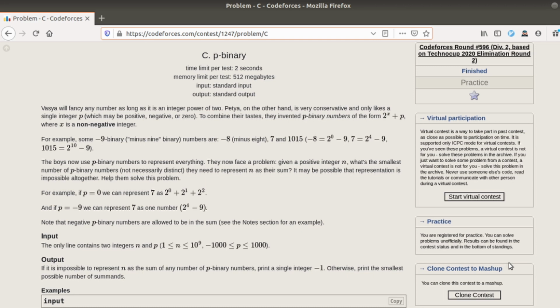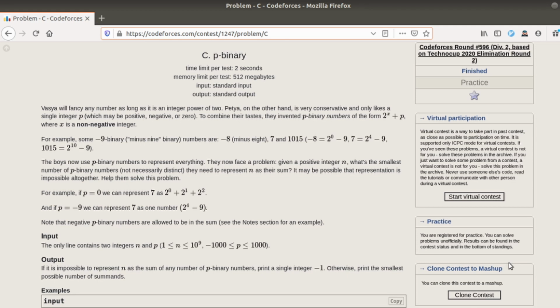The minus 9 binary numbers contain minus 8, which is formed by 2 power 0 minus 9, where x is 0 and p is minus 9. 7 can also be formed with these minus 9 binaries: 2 power 4 minus 9 results in 7. 1015 can also be formed, as you can see here: 2 power 10 minus 9 is 1015. Here we used only one binary number, but we can use a sum of these binary numbers to represent a number.